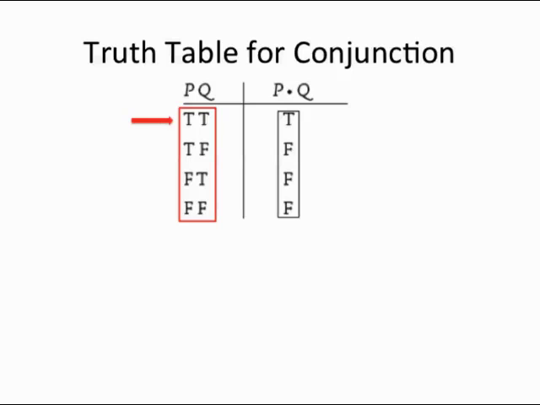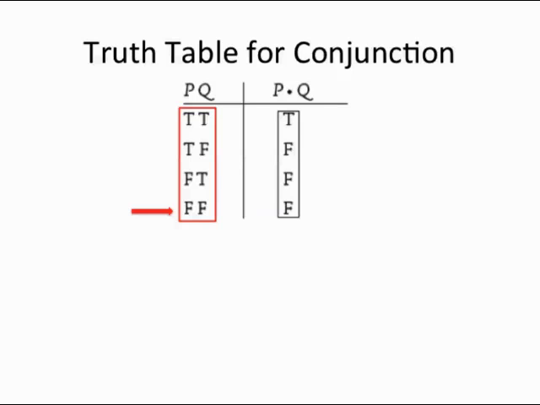There's the case when both P and Q are true, the case when P is true and Q is false, the case when P is false and Q is true, and the case when both P and Q are both false.